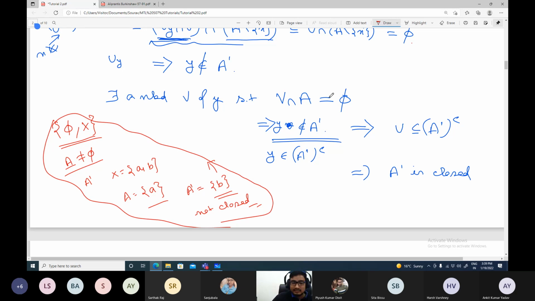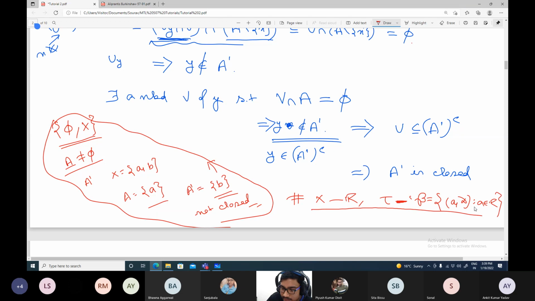For this case, I'm giving you another example. This is an exercise for you. Take X to be R, and define the topology tau by the basis generated by the sets (a, infinity), where a belongs to R. Now take the set, say (minus infinity, 0), and try to find its derived set and compare with this example.